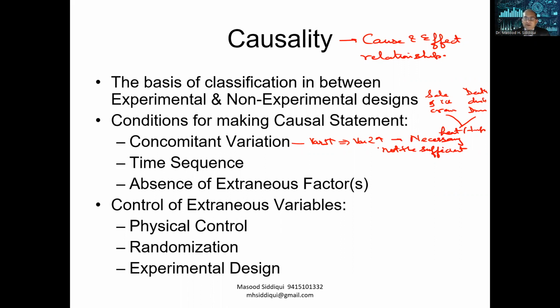Since more people are in some water body, the chances of death would also be high. So here they show concomitant variation, but neither is the sale the cause of death because of drowning, nor is death due to drowning a causal factor for the sale. So it provides only the necessary condition.